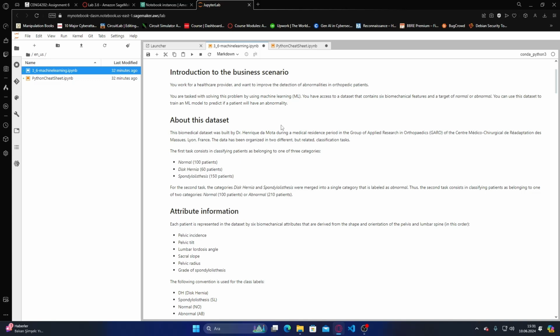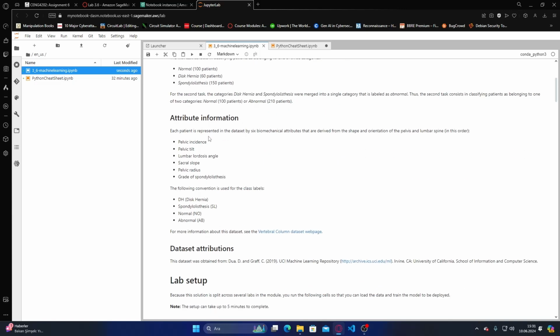The first task consists in classifying patients as belonging to one of three categories: normal, disk hernia, and spondylolisthesis. For the second task, the categories disk hernia and spondylolisthesis were merged into a single category labeled as abnormal. Thus, the second task consists in classifying patients as belonging to two categories, normal and abnormal. And there's some attribute information about these biomechanical attributes.